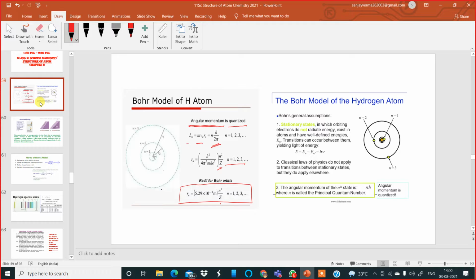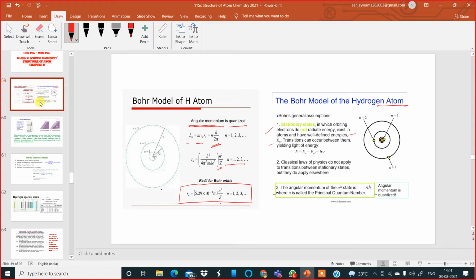The assumptions of the Bohr model of the hydrogen atom are there. Number one, stationary states in which orbiting electrons do not radiate energy. When the electrons are going round and round, they will not radiate energy. They exist in atoms and have well defined energies, En.